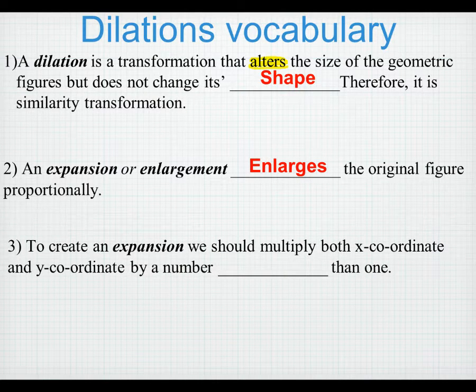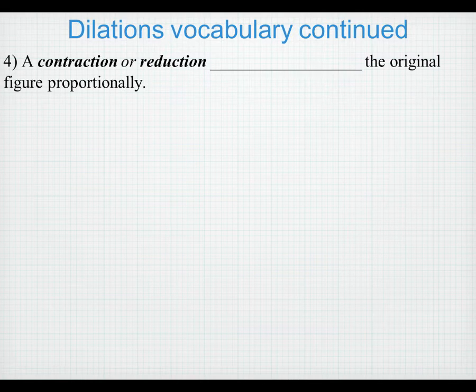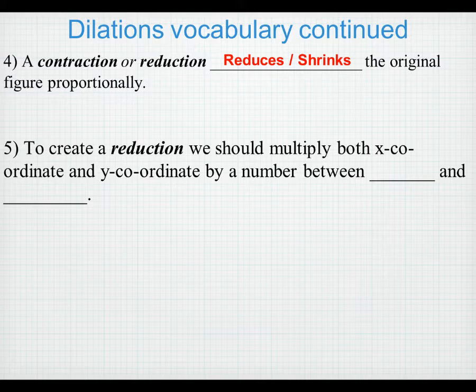To create an expansion or enlargement, we should multiply both the x coordinate and y coordinate by a number greater than 1. Next, a contraction or reduction reduces or shrinks the original figure proportionally.